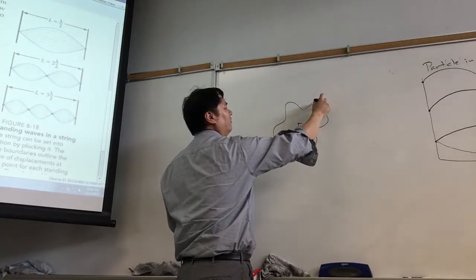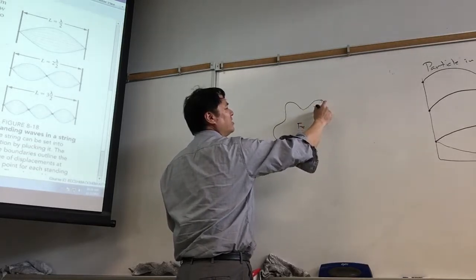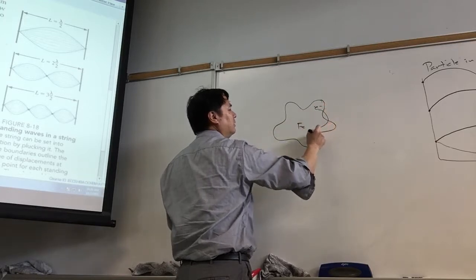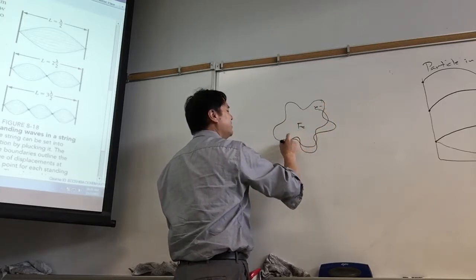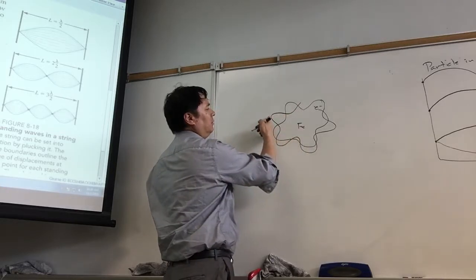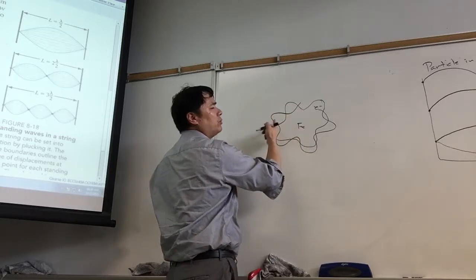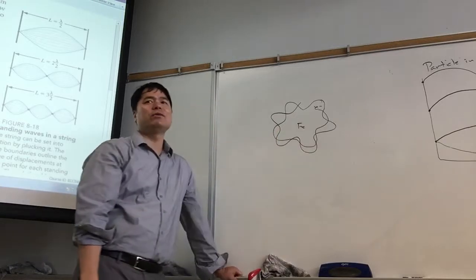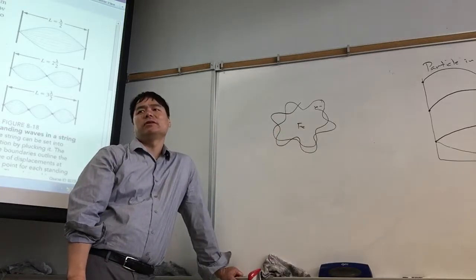If the wavelength is offset a little bit, what happens is eventually the peaks and the valleys coincide. And when a peak and a valley coincide, we call that destructive interference.